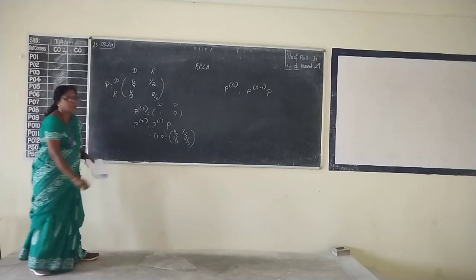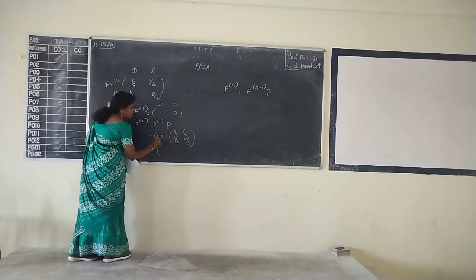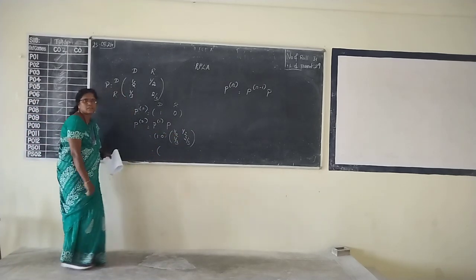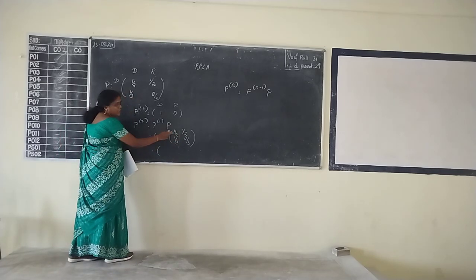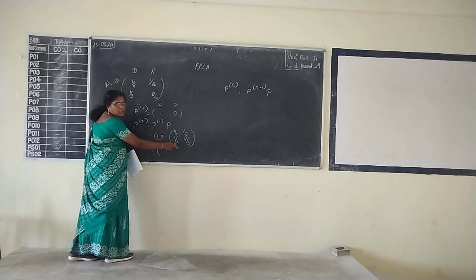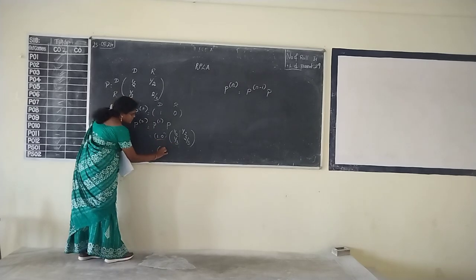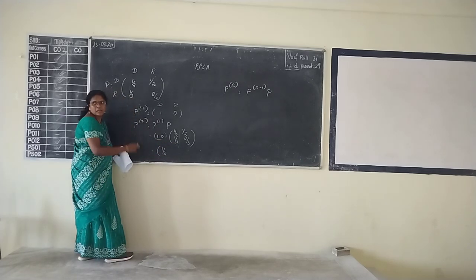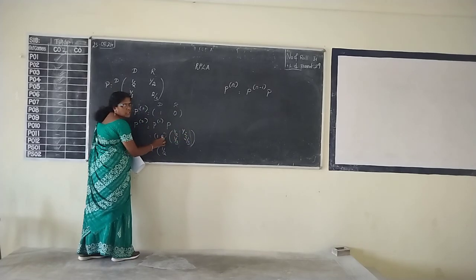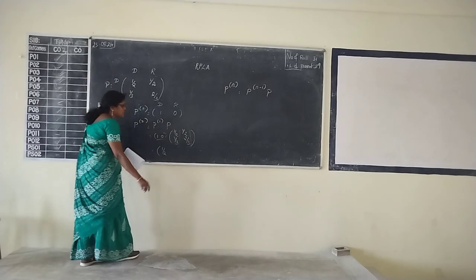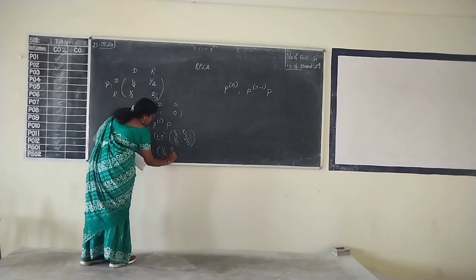The answer will be a row vector, 1 row by 2 columns. First row into first column: 1 into 1 by 2 plus 0 into 1 by 3. What will be the answer? 1 by 2. Second column: 1 into 1 by 2 plus 0 into 2 by 3. The answer is 1 by 2.